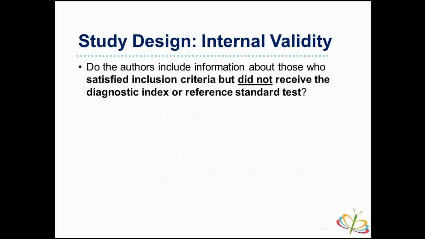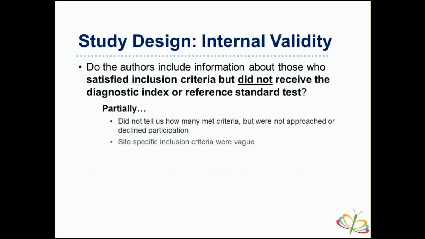Continuing on with the internal validity, do the authors include information about those who satisfied inclusion criteria but didn't receive the diagnostic index or reference standard test? So those who didn't receive the BiliCam app or the total serum bilirubin.